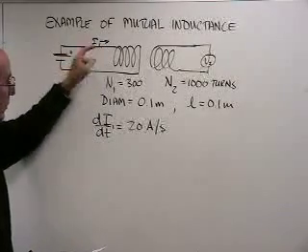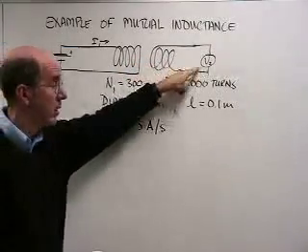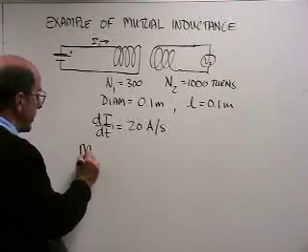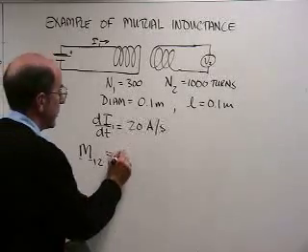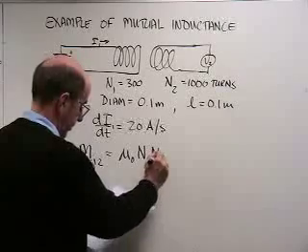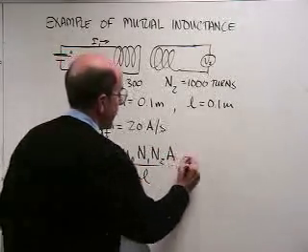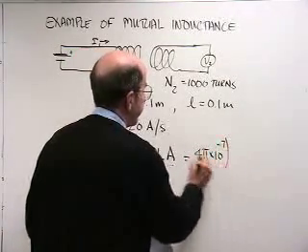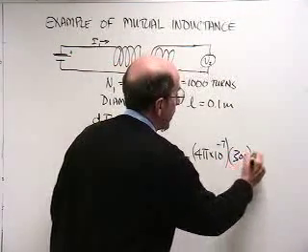So if that current changes, that causes a changing magnetic field, a changing magnetic flux through that coil, and that's going to induce an EMF. The mutual inductance between the two coils is going to be equal to mu 0 times N1 times N2 times the cross-sectional area over the length. That's equal to 4 pi times 10 to the minus 7 times 300 times 1,000.